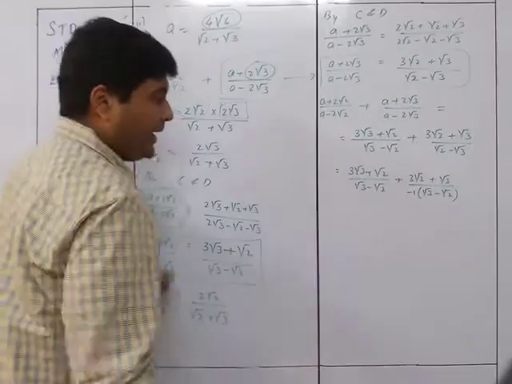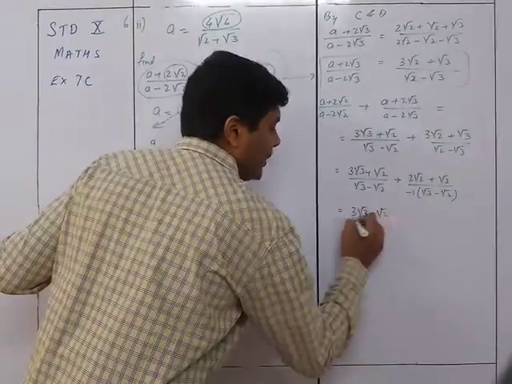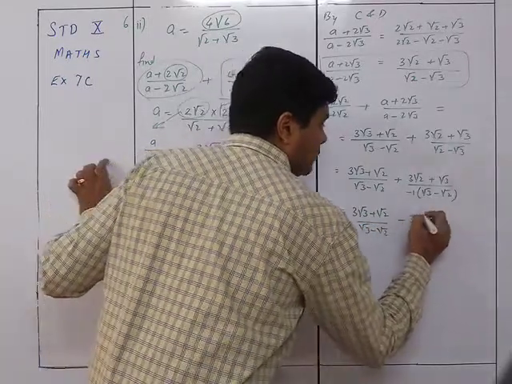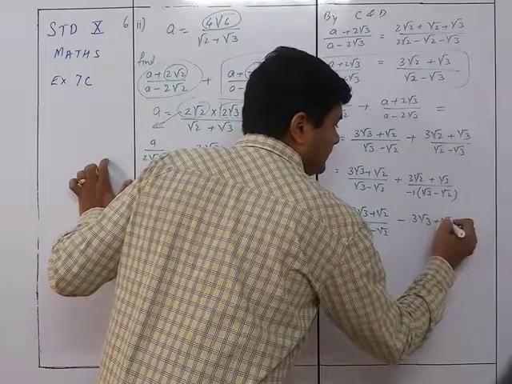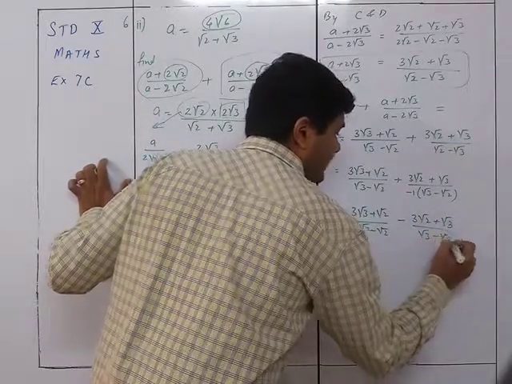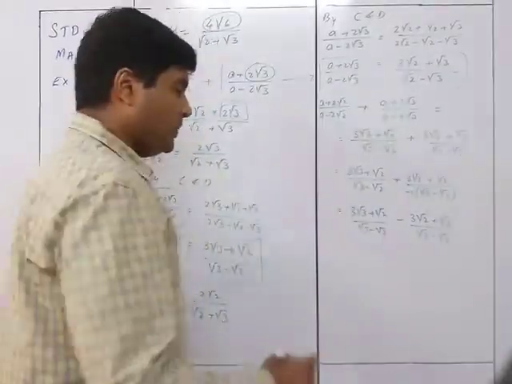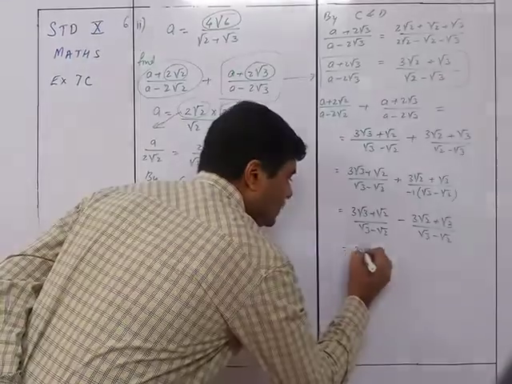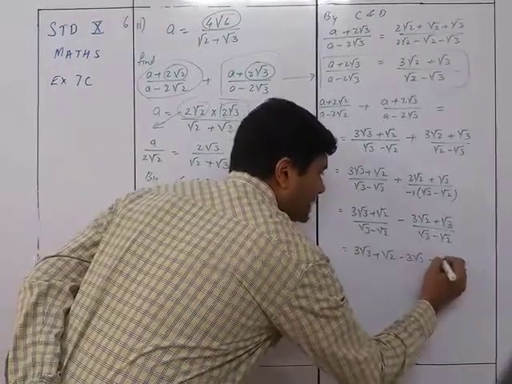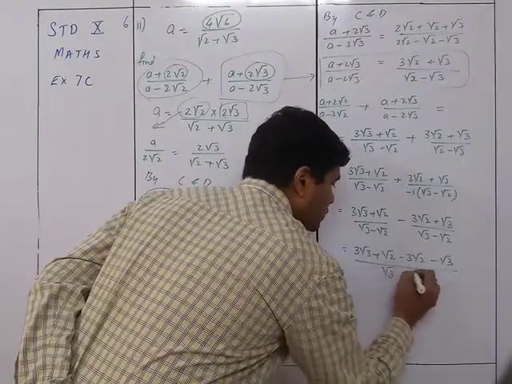So this way, what I'll be getting is 3 root 3 plus root 2 upon root 3 minus root 2 minus 3 root 2 plus root 3 upon root 3 minus root 2. So you can see now the denominator has become equal. Now I solve the numerator properly. So it is 3 root 3 plus root 2 minus 3 root 2 minus root 3 upon root 3 minus root 2.